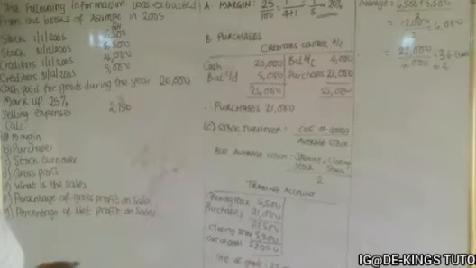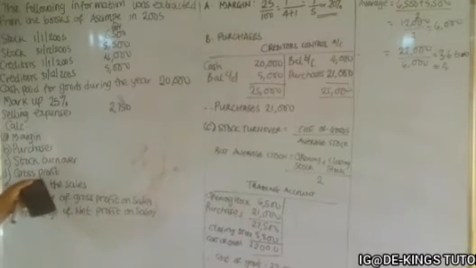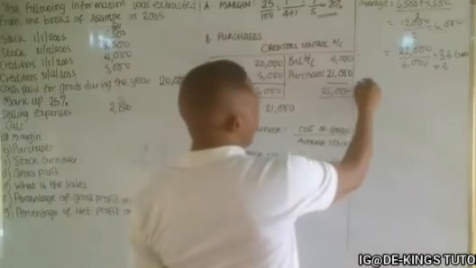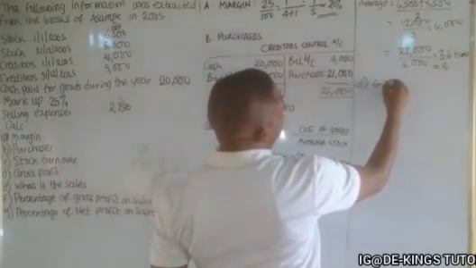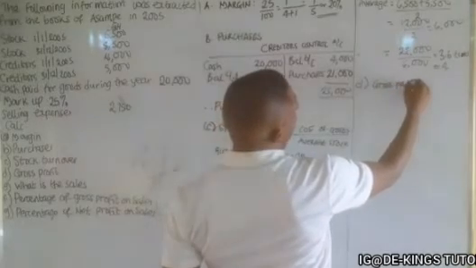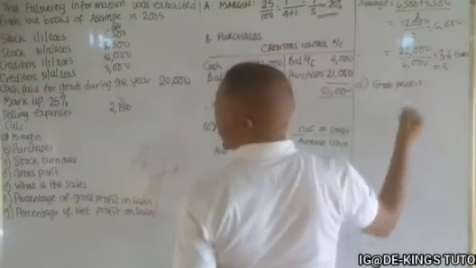So the next one is gross profit. Now, how do we get our gross profit? Remember our markup.